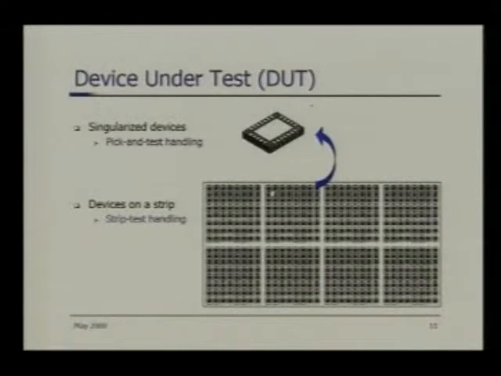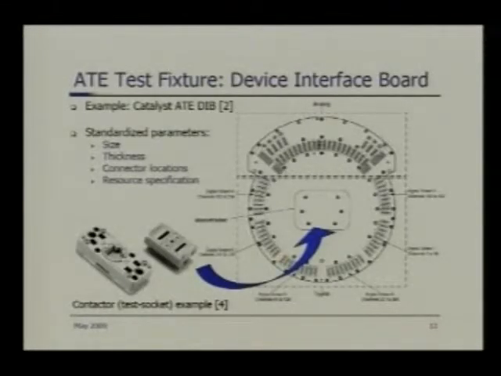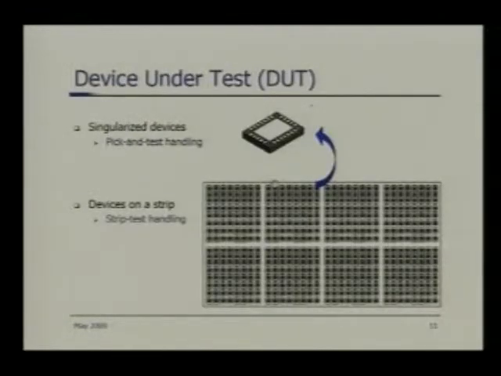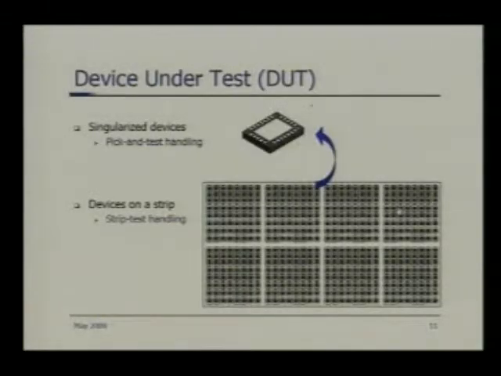What one will do, actually it's not shown here, is that instead of feeding one IC at a time, you will feed the entire strip into the package tester, or final tester, or so-called handler, and you will test the entire thing at a time. I'll come to that later on. It will be clearer when I show that.